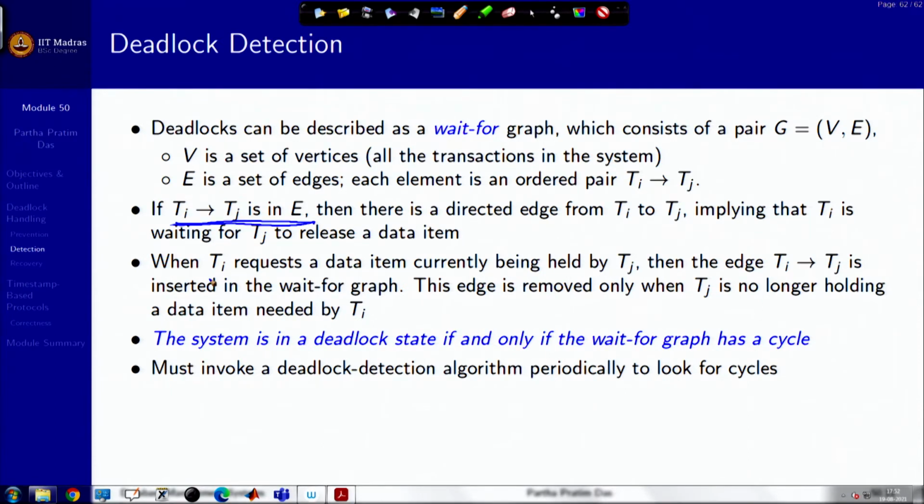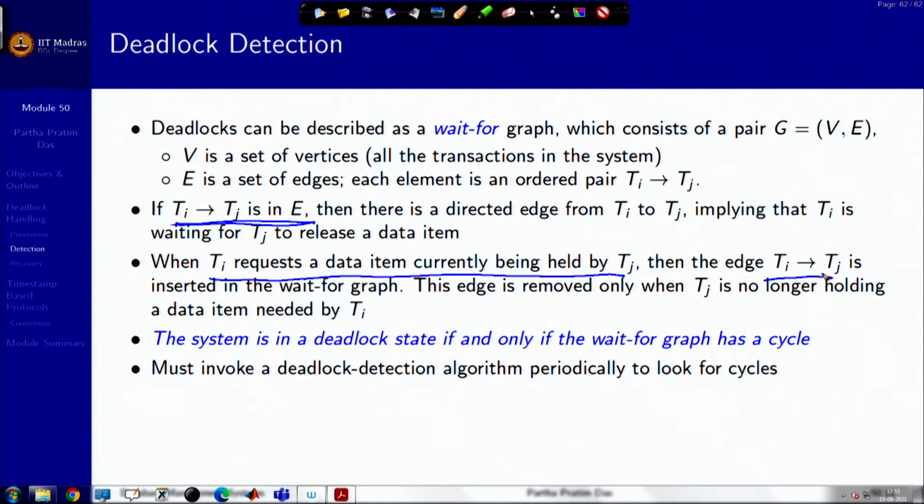So, if Ti requests a data item currently held by Tj, so this is the requesting edge, and the graph that results, and it is regularly updating, certainly it is a dynamic graph. As the requests are coming, the locks are being granted, they are being released, always this graph is getting updated.